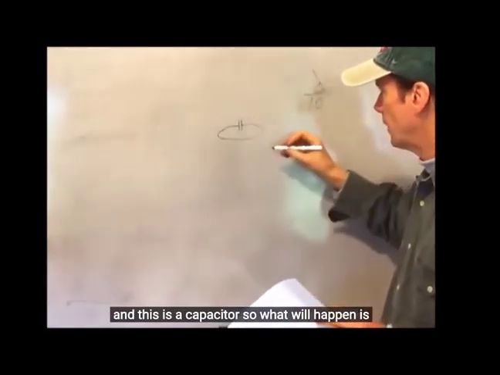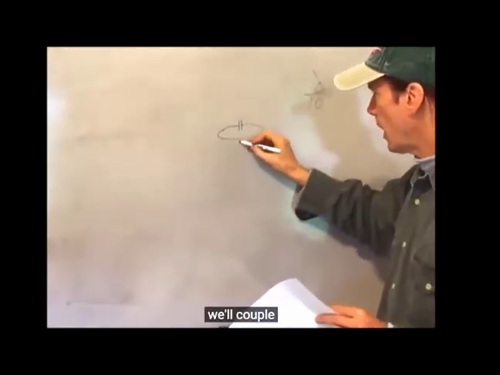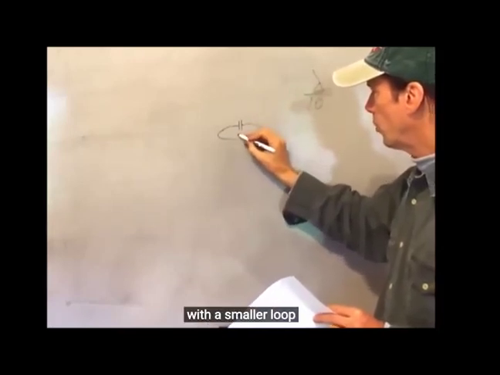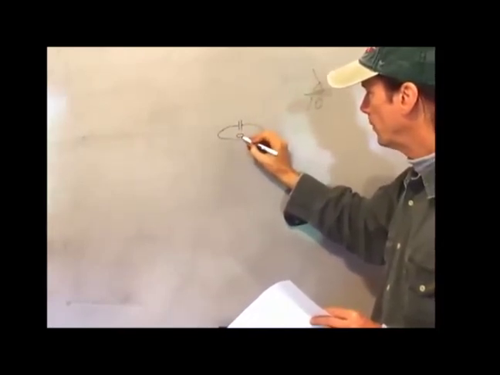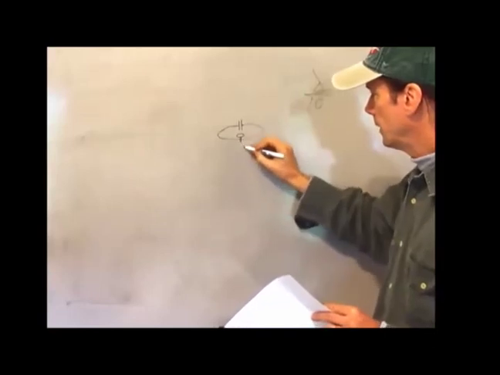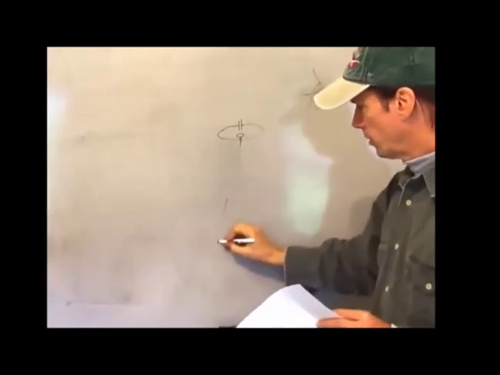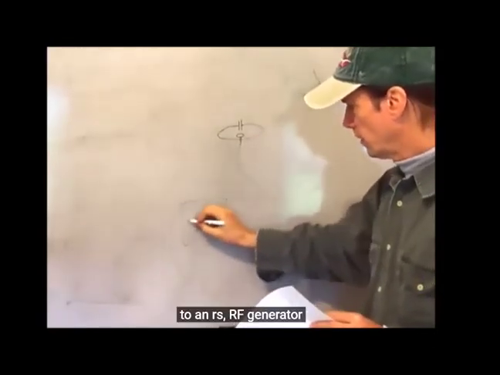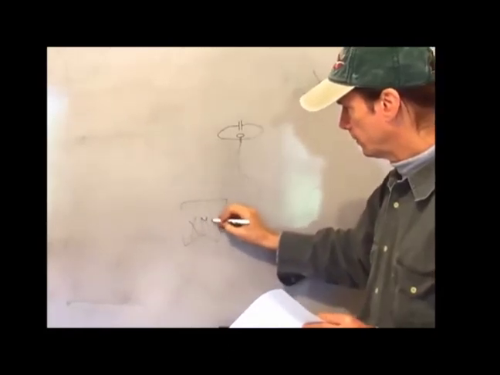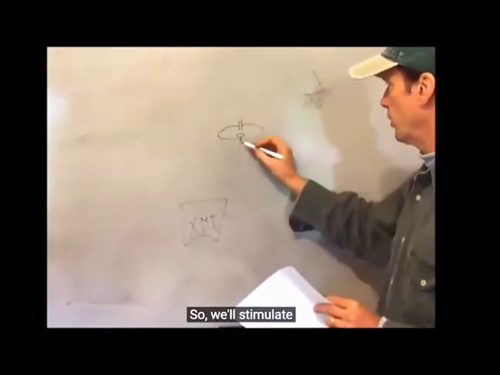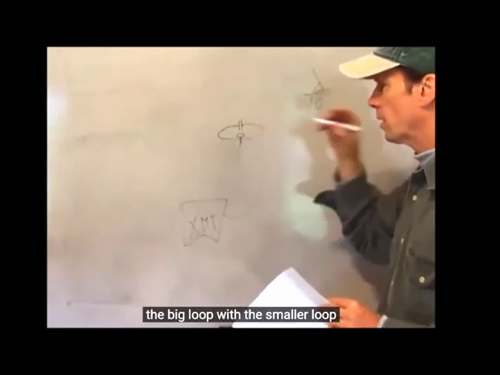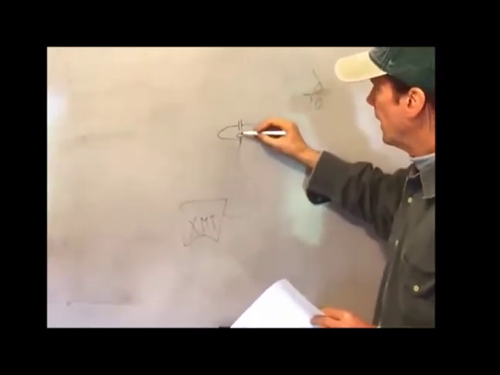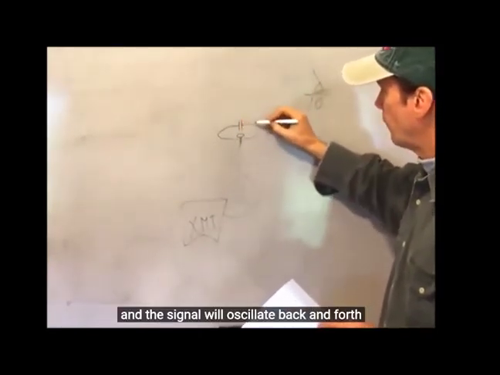So what will happen is we'll couple to this loop with a smaller loop. This will run off to an RF generator. So we'll stimulate the big loop with a smaller loop, and the signal will oscillate back and forth.